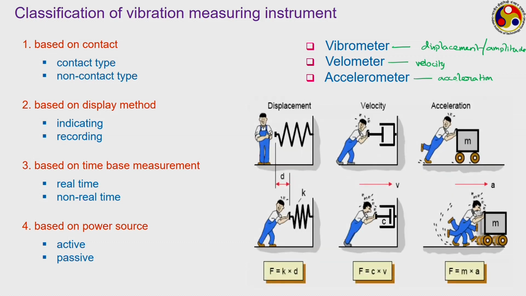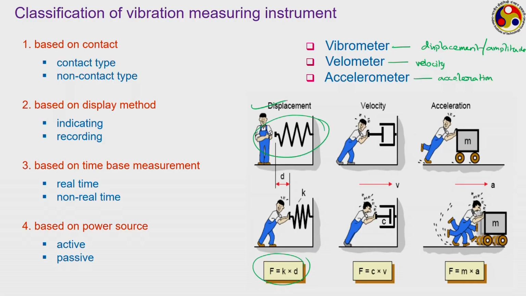If we think from a spring mass damper point of view, when our objective is to sense the displacement, then we focus more on the spring, because as we know, the force associated with the spring is the displacement times the spring constant. So, the spring force is directly proportional to the displacement, and therefore, following the spring we can get a measurement of the displacement.